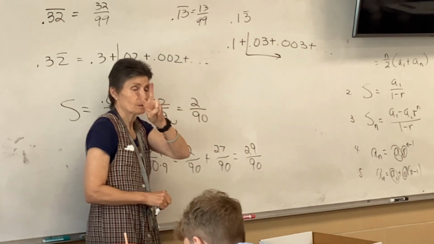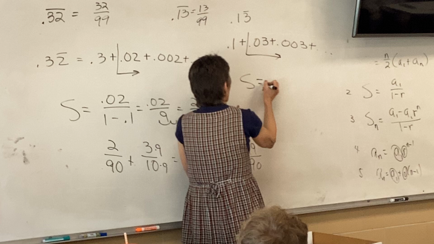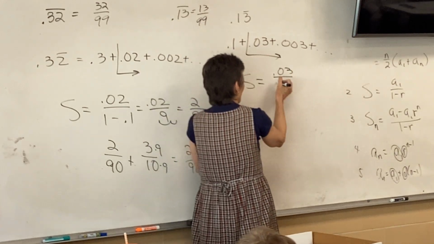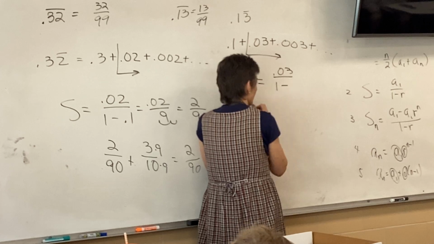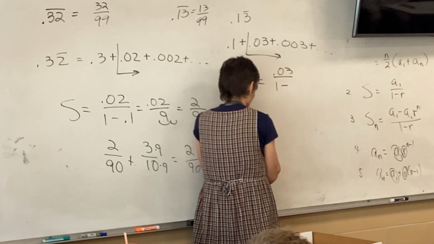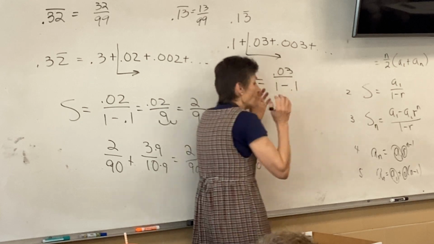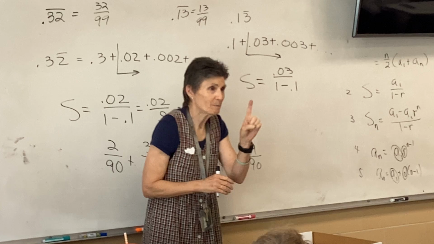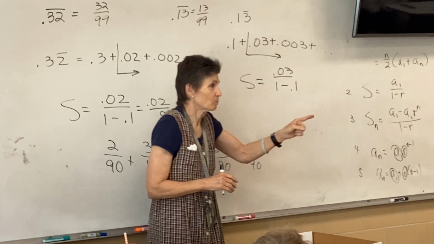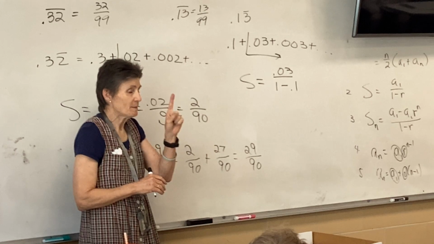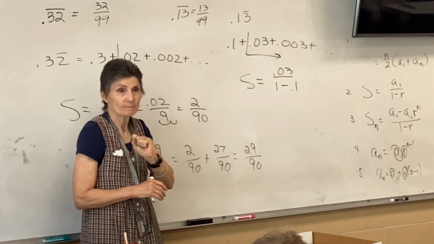Number 2. My first term is 0.03, and my ratio is 0.1. Why is it 0.1? Because I only have one repeating number, 3 is repeating. When one number repeats, your ratio is 0.1, period.